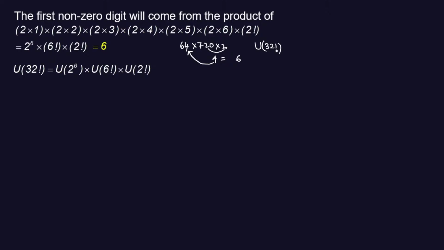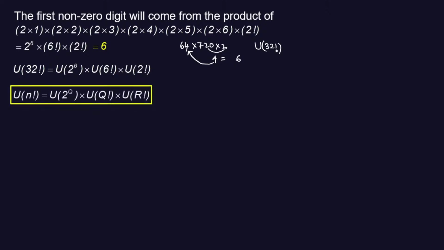Now, you have understood the logic. Now you can use the formula to find the first non-zero digit of any factorial. And that logic is: U of factorial is U of 2 to the power Q into U of factorial Q and U of factorial R. I will explain what Q and R are all about.